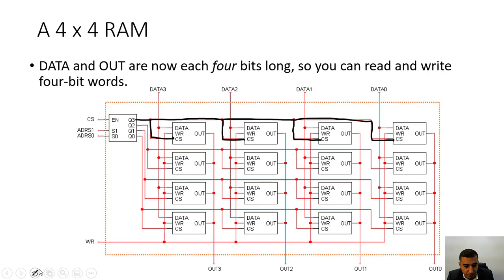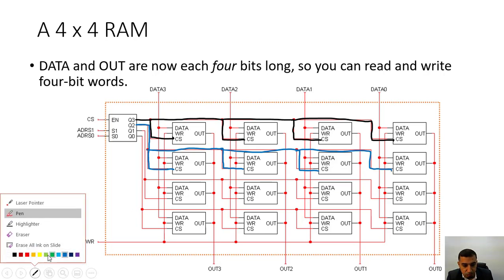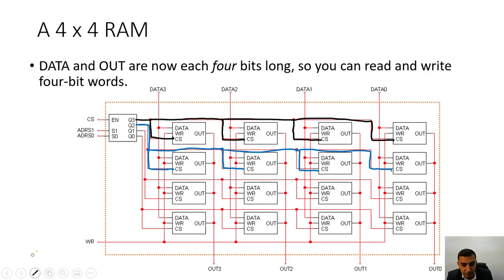If we talk about Q2, it is connected to this cell, this cell, this cell, and this cell. Let's say Q0, the same idea, Q1 is the same, Q0 is connected to this row over here.